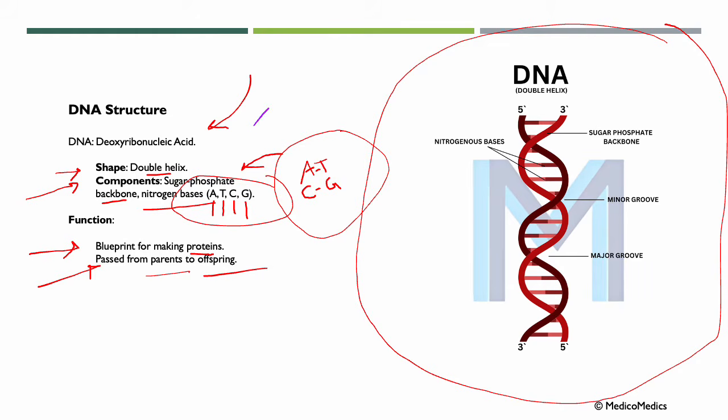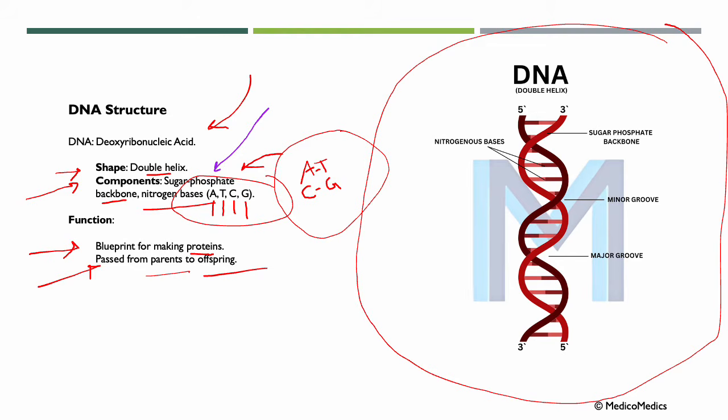So we can mention that this sugar phosphate backbone, what it does is that the phosphate group provides structural support by linking to the sugar molecule of the next nucleotide. And deoxyribose sugar is a 5-carbon sugar that acts as the backbone to which the phosphate group and nitrogenous bases are attached.